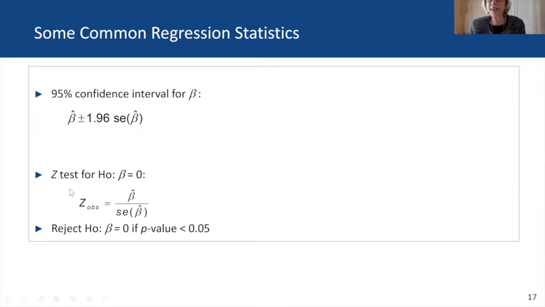We can set up a z-test to test the null hypothesis that a regression coefficient beta equals 0. Our observed z-statistic is the estimated beta minus 0 divided by the standard error, and we would reject the null hypothesis if this observed z is large and our p-value is less than 0.05.